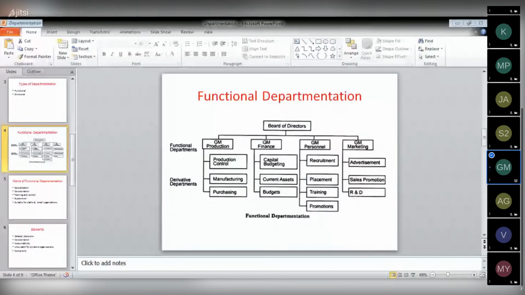And sometimes decisions made by the department heads for their respective departments may be delayed, right? See what happens here. If you observe here, suppose in the R&D they have taken a decision. If it wants to be communicated to the department, there is a lot of delay in the decision making. So what happens? Delay will be there in the decision making.